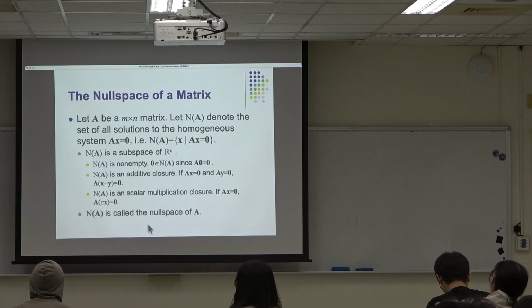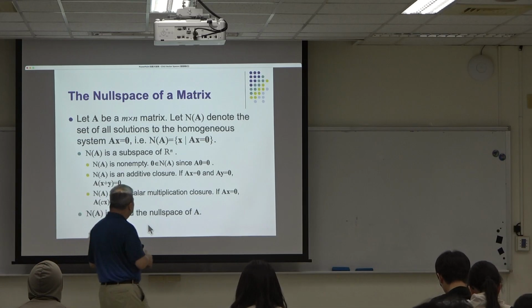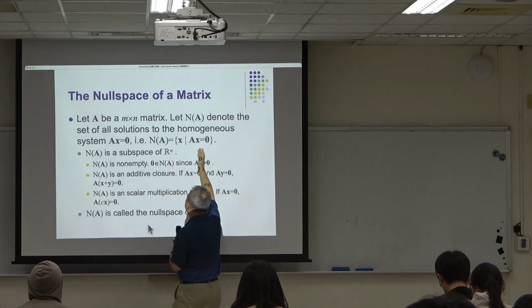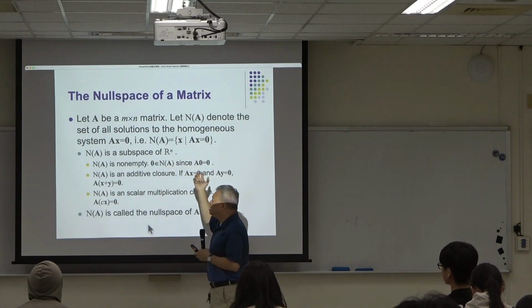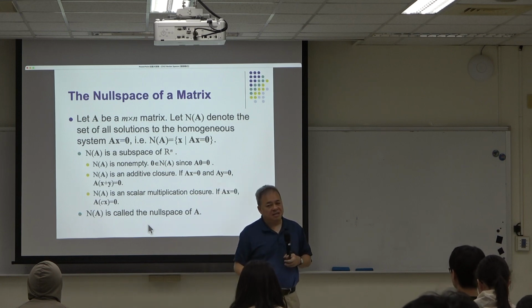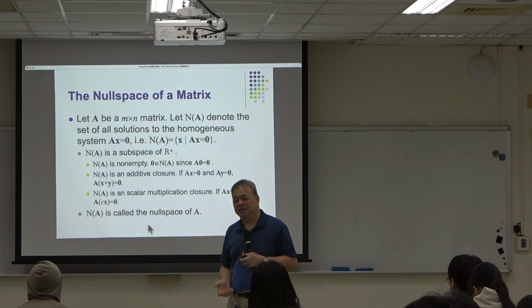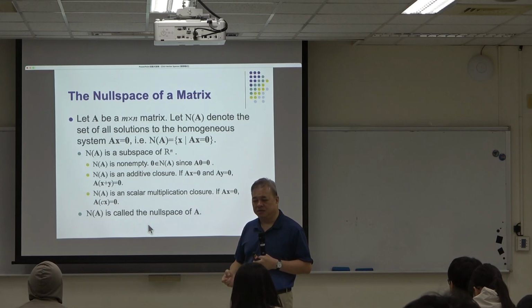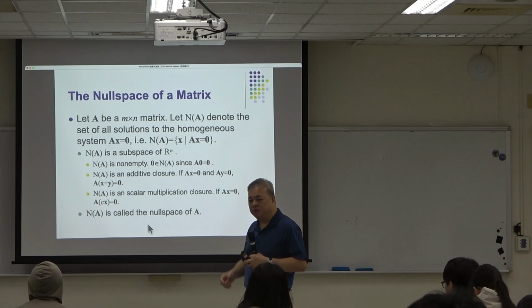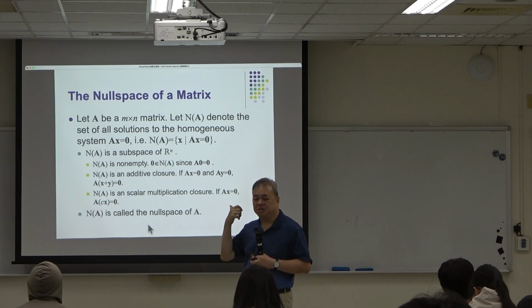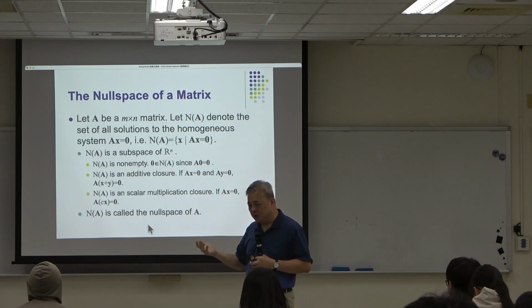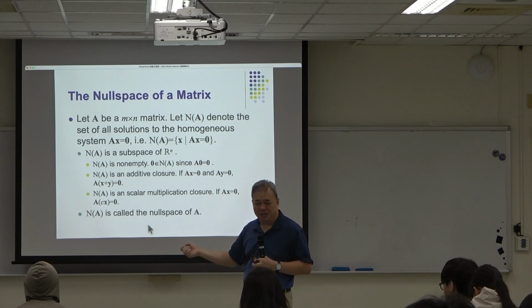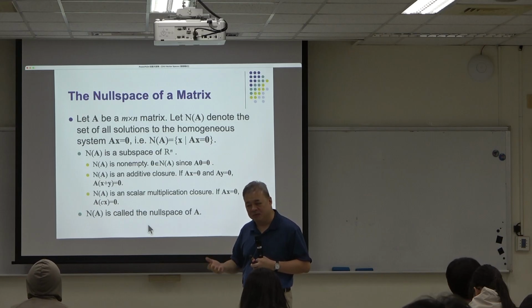So N(A) is defined to be all the possible vectors x such that Ax equals 0, and it can be verified very easily that this is a subspace. Obviously, if you let x be the 0 vector, it satisfies this property, so 0 is in this null space, and the null space is not empty.